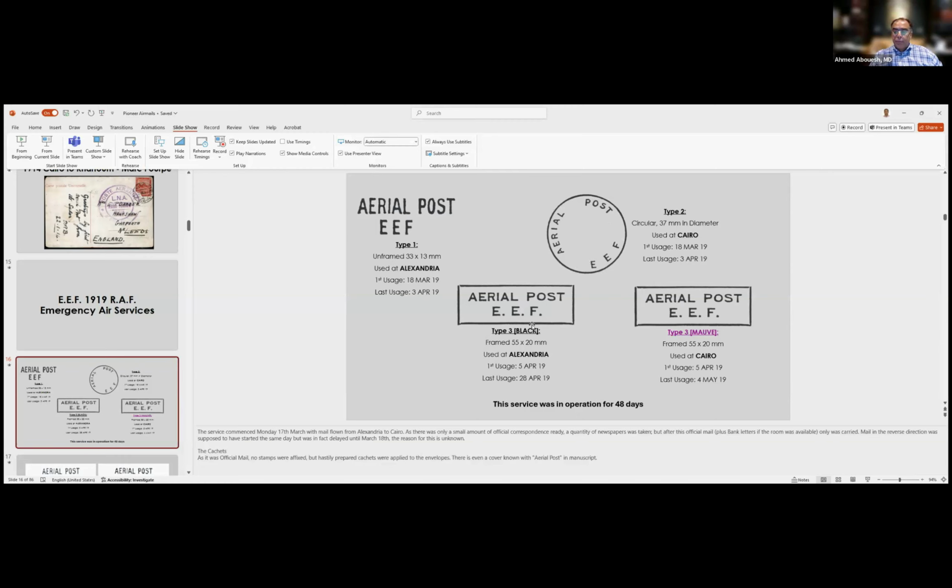Thereafter, type 3, which comes in black from Alexandria, and in violet or mauve, used in Cairo. It's believed that these were the main cities, Cairo and Alexandria, where the mail originated, and not from any other towns, although there was mail that would be sent to these areas.